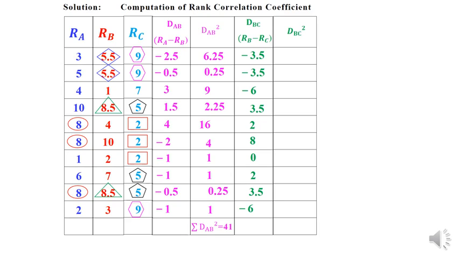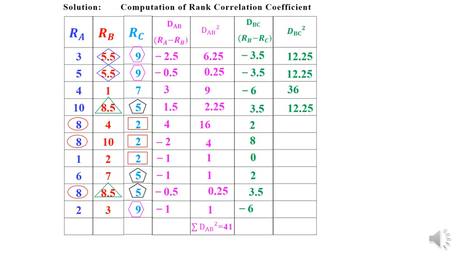Square these values. D square between B and C. Minus 3.5 square, 12.25. Minus 3.5 square, 12.25 again. Minus 6 square, 36.